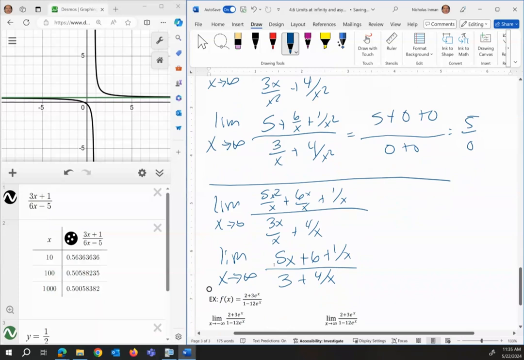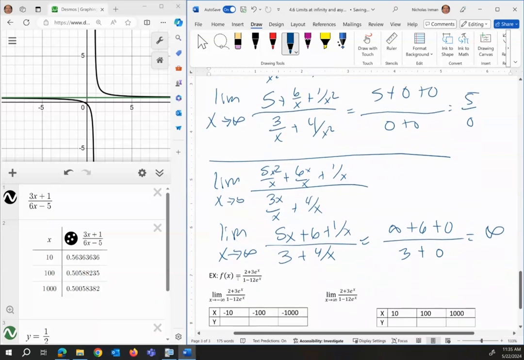What that produces when we plug in infinity is, on the top, 5 times infinity, which is infinity, plus 6 plus 0. On the bottom, I'd have 3 plus 0. So I have infinity plus 6, that's infinity, over 3. Well, that just means infinity.